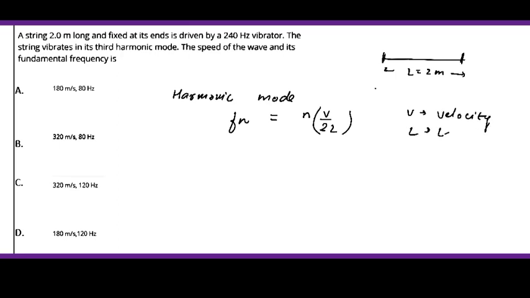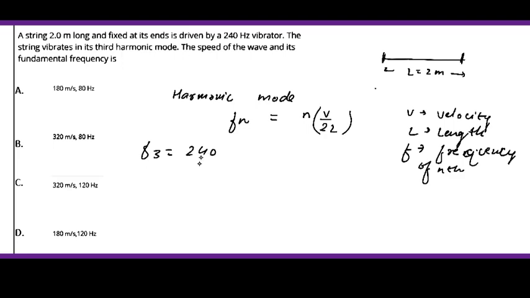and l is the length and f is the frequency of the nth harmonic mode. Here the question says that at the third harmonic the frequency is 240 Hz. So f3 equal to 240 Hz and the length is also given, 2 meter.